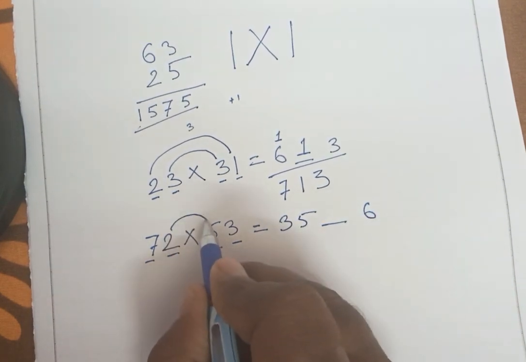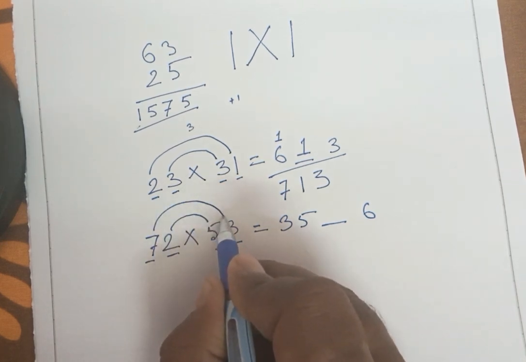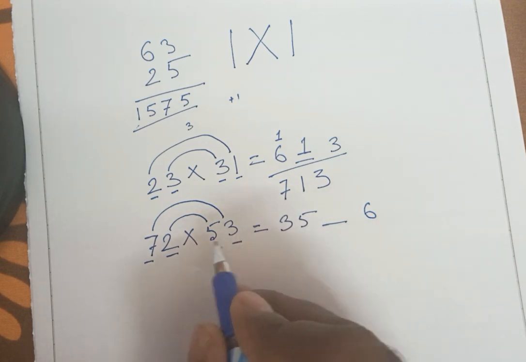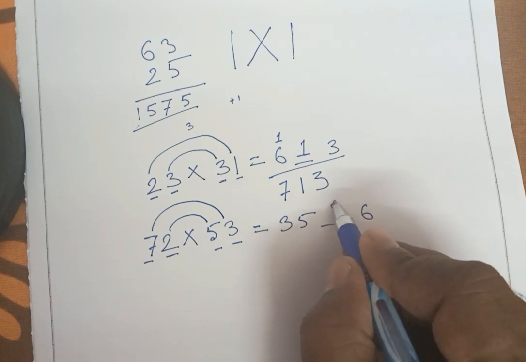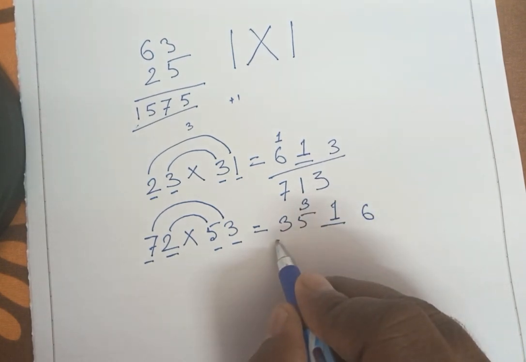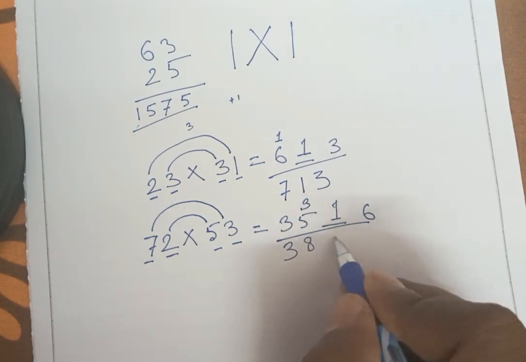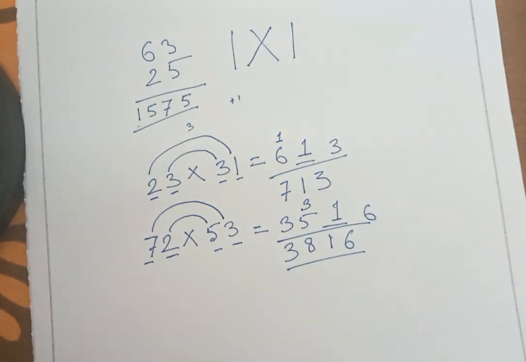Now 5 into 2 equals 10, and 7 into 3 equals 21. Now if you add 10 plus 21, that equals 31. So you may write 1 here and 3 here. Then the answer will be 3, 8, 1, 6. This is the answer.